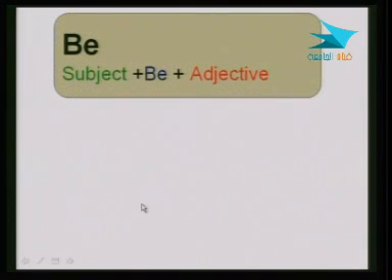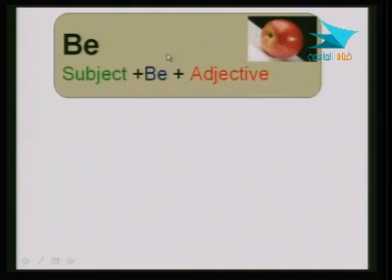Examples. So this is basically the form. We have the subject in green color, then the verb be in blue, and then the adjective. Here we're talking about the use of the verb be with adjectives.